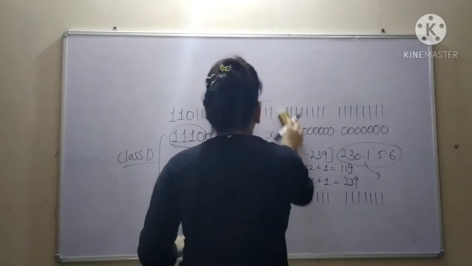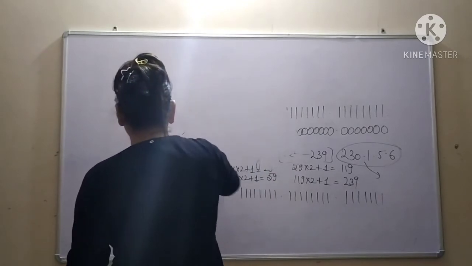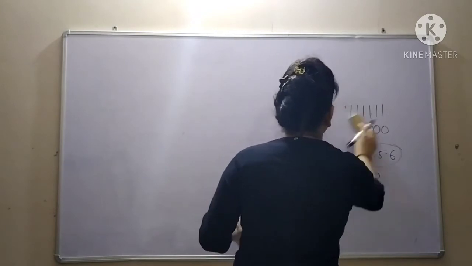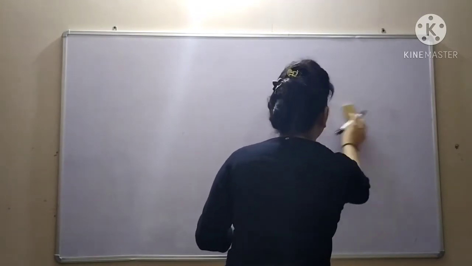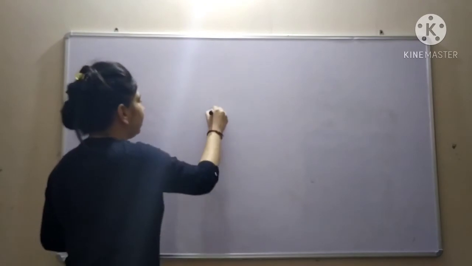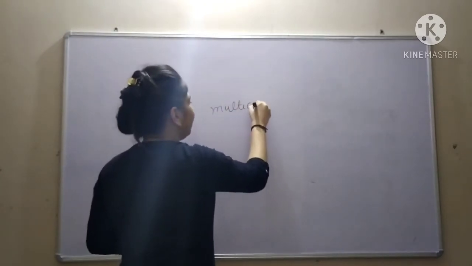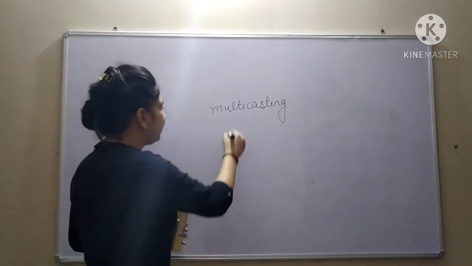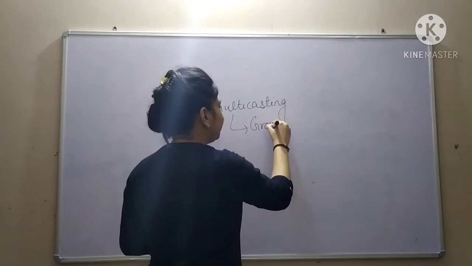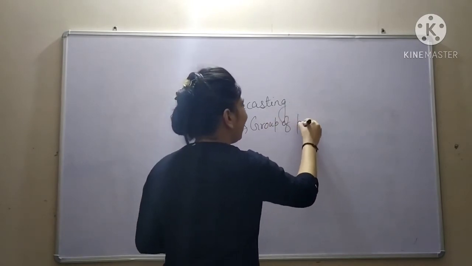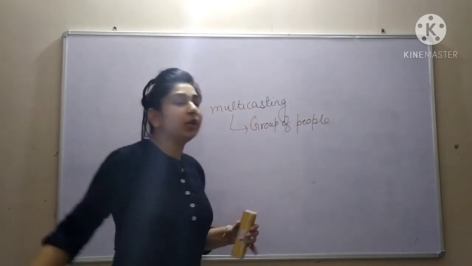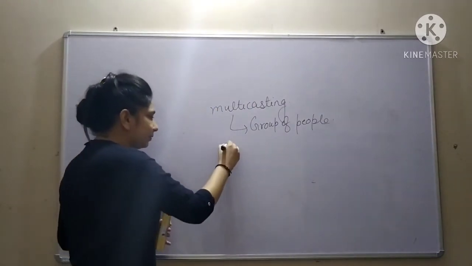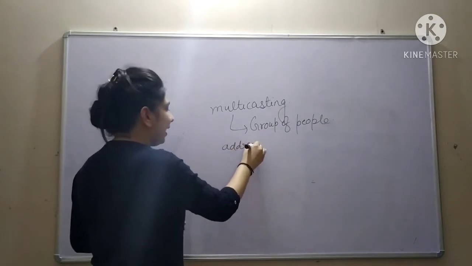So now what is actually multicasting? Multicasting is a method to send a message to a group of people. So if you have to send one particular message to a group of people, we also have a multicasting address.